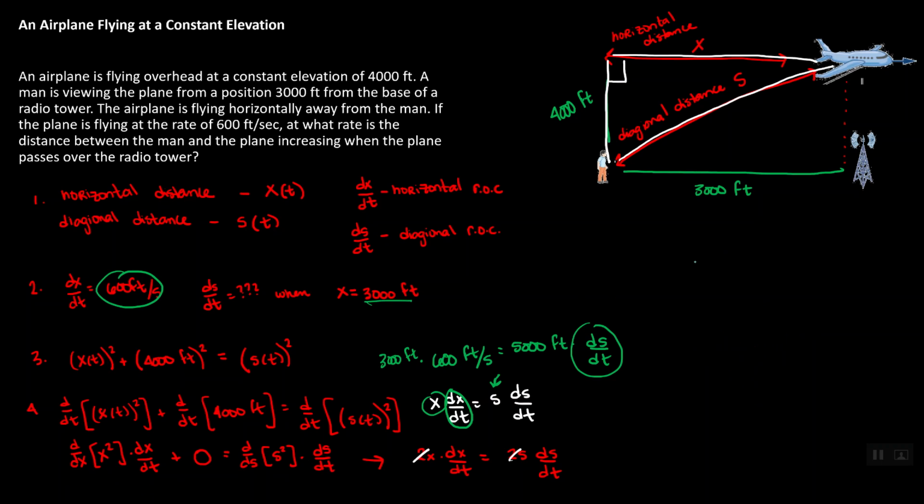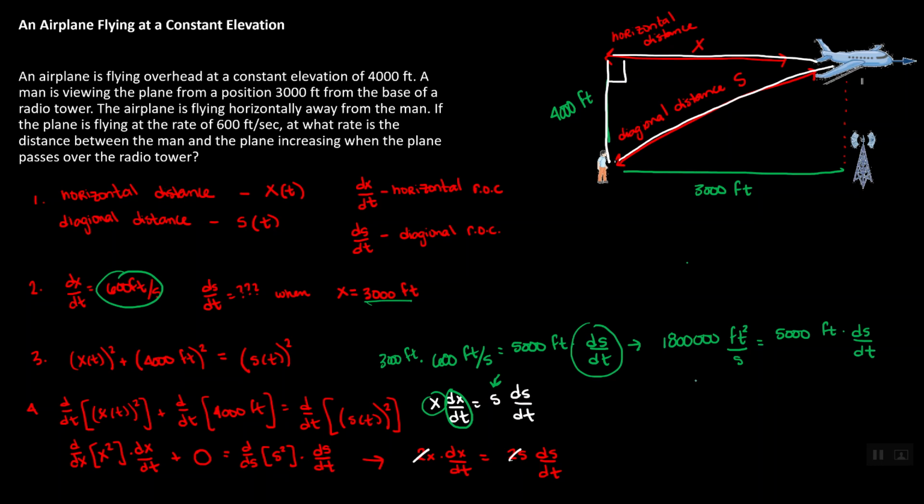So let's rewrite our equation up here. I have 3,000 times 600 feet squared per second. In other words, we have 1,800,000 feet squared per second. We're going to copy that over here. That's the left-hand side of our equation, equal to the right-hand side, which is 5,000 feet times ds/dt.